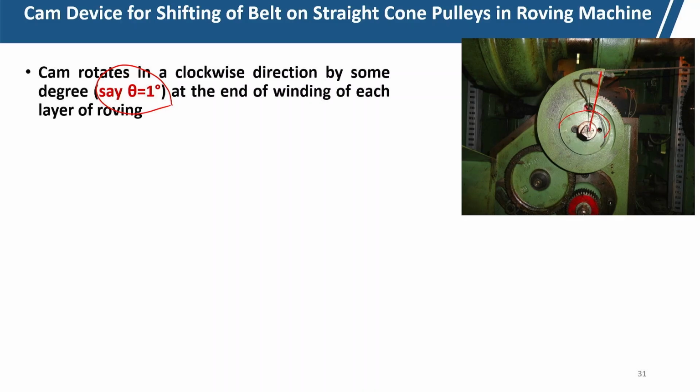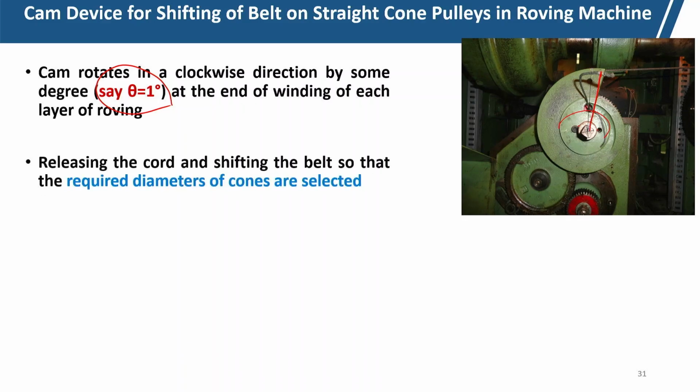So, after every layer the cam rotates by 1 degree due to the ratchet release mechanism, releasing the cord and shifting the belt so that the required diameter of cones is selected to maintain the required bobbin speed.